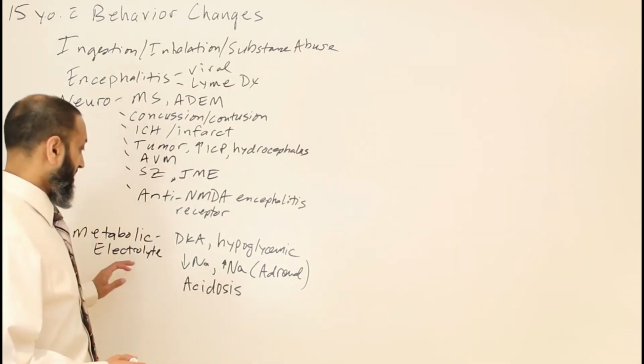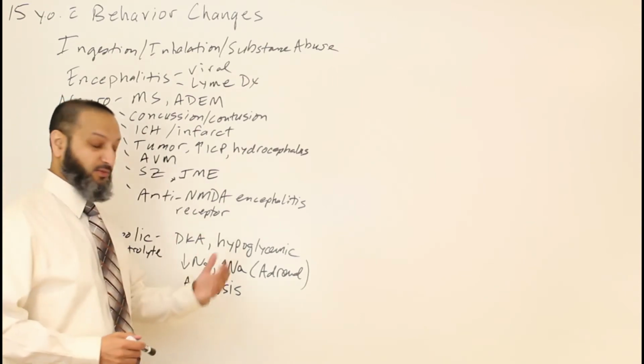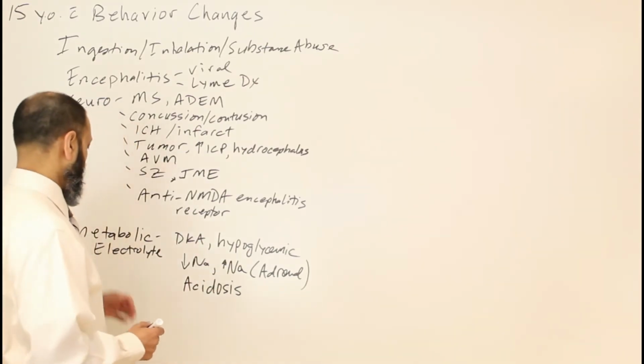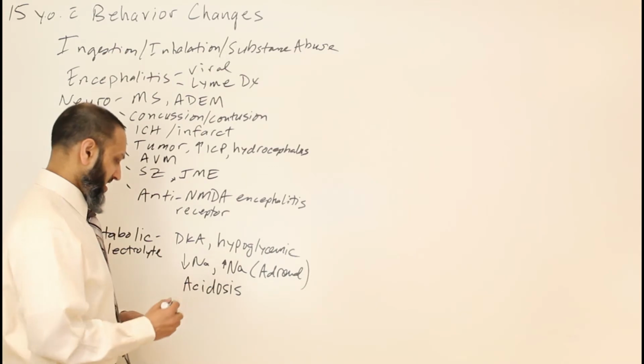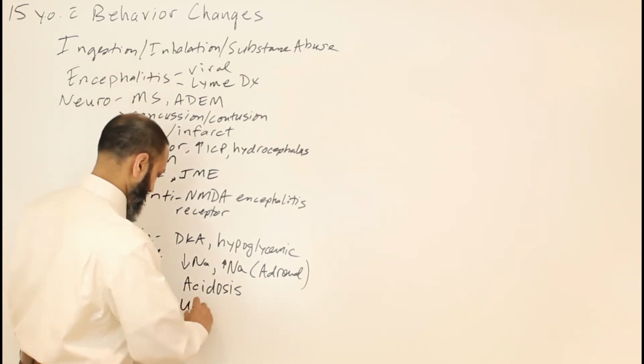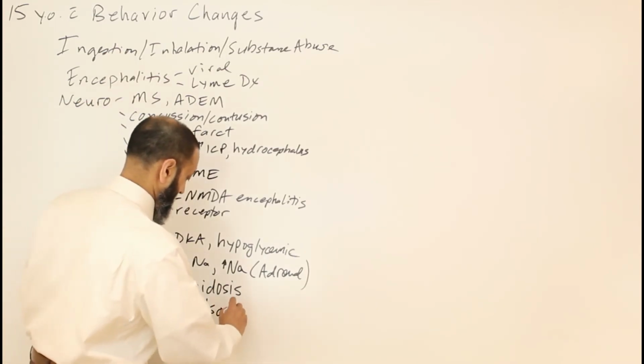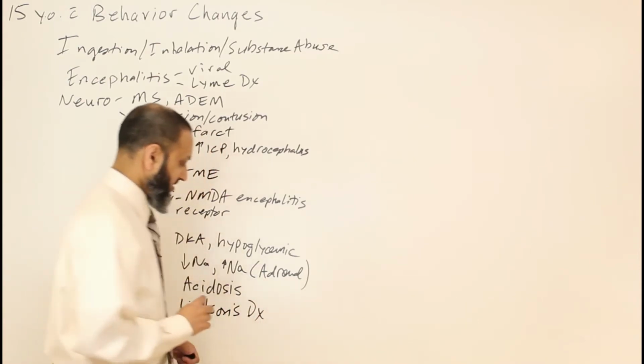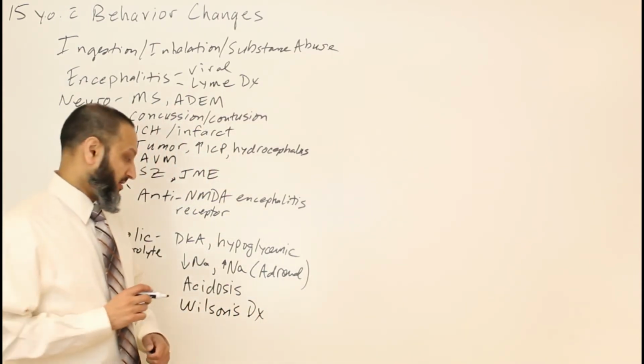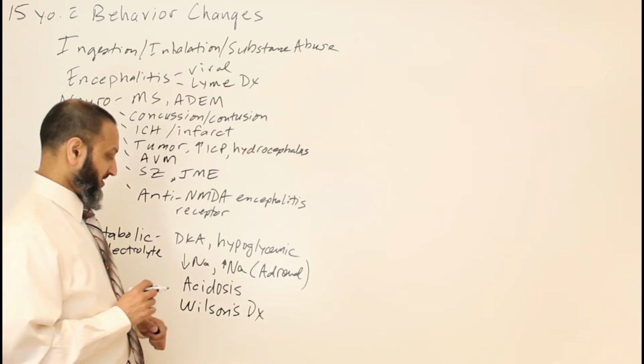As we continue the differential for metabolic and electrolyte issues, another entity to think about will be something like Wilson's disease, in which you have copper deposition, and that can present in this age range or even a little bit younger.